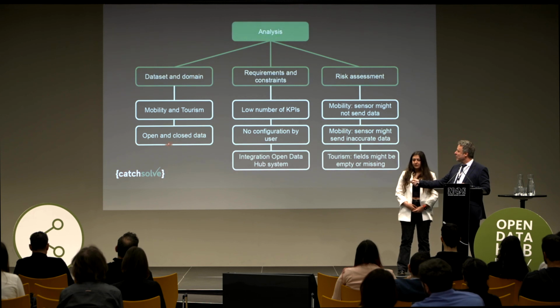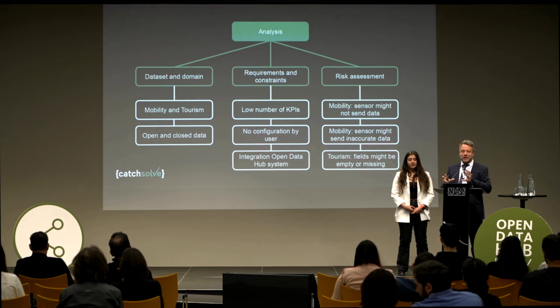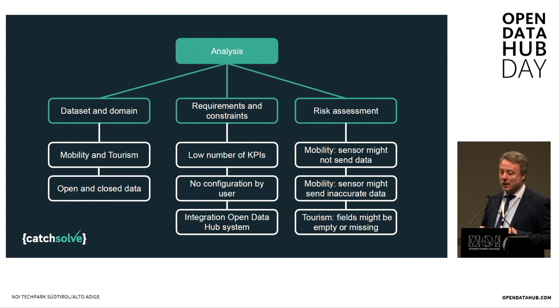First, during the analysis, we split between mobility and tourism because they have some specific behavior. Then we decided to start with a low number of KPIs, to start without configuration, so simply put in a URL. Even for a new data set, there is no need at the moment to make a new configuration.